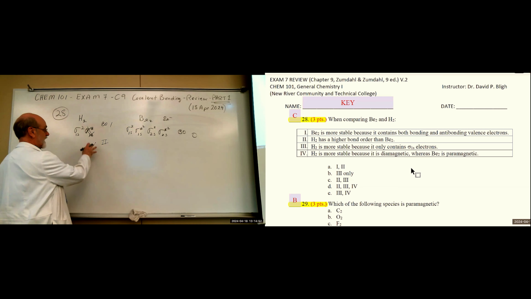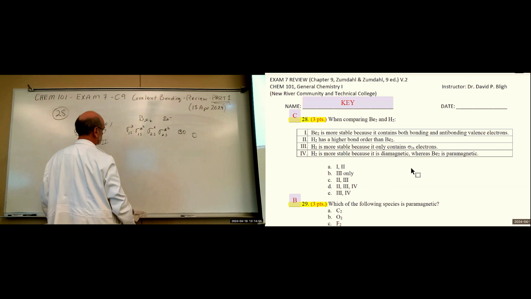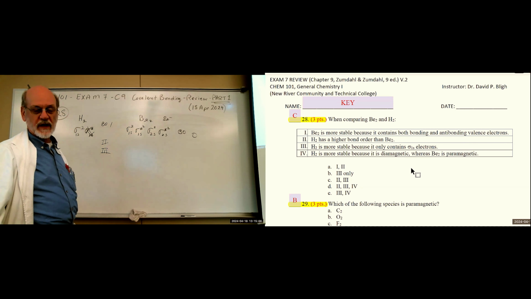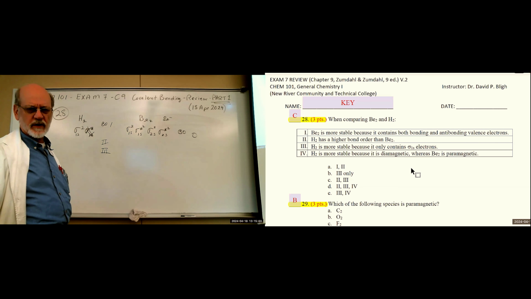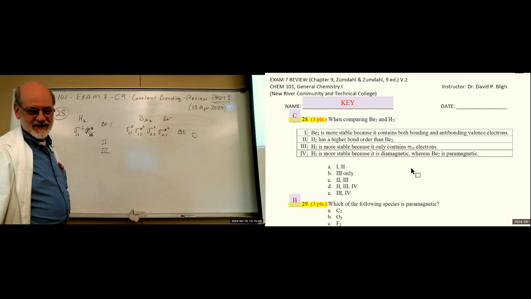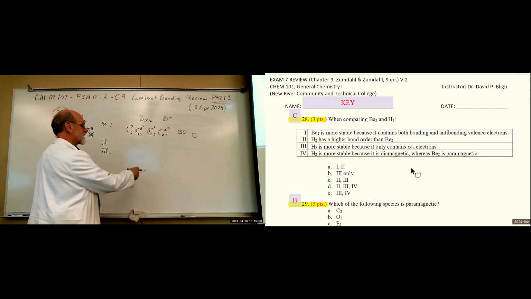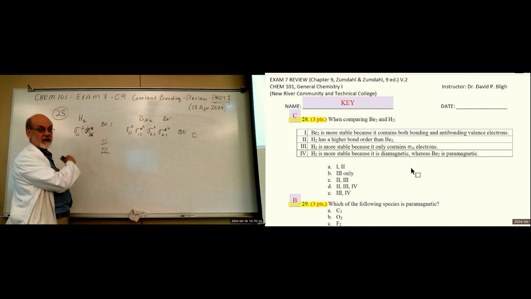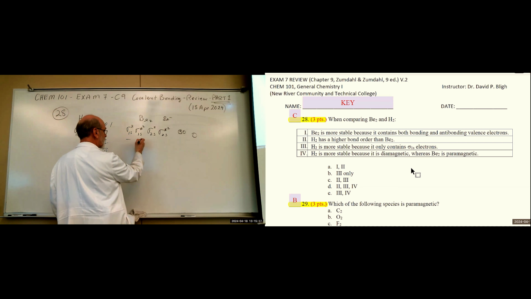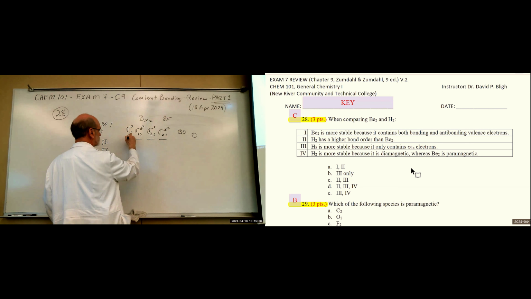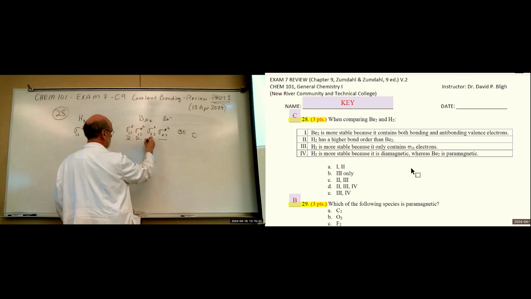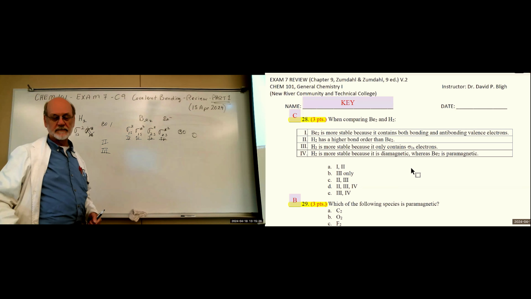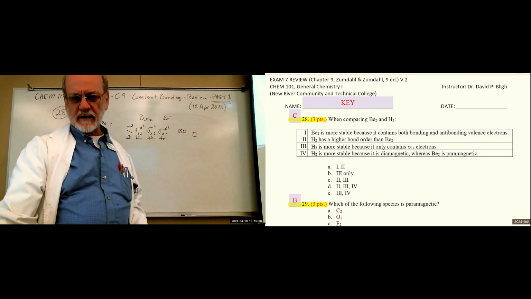Well, yeah, that's why it's a bond order 1. So 3 is also true. How about 4? H2 is more stable because it is diamagnetic, whereas no. If this existed, it would be diamagnetic also, because there are no unpaired electrons, right? You've only got one molecular orbital on each one of these, and they're all full. If they existed, right? But they don't.